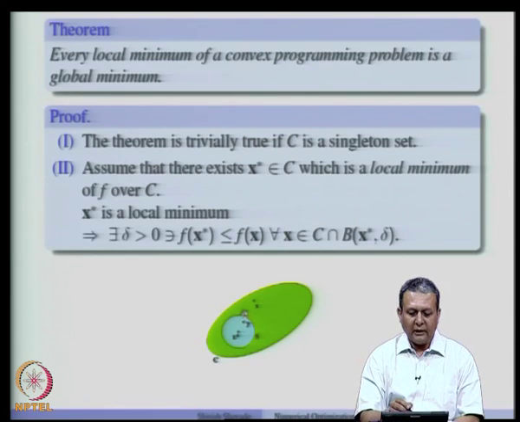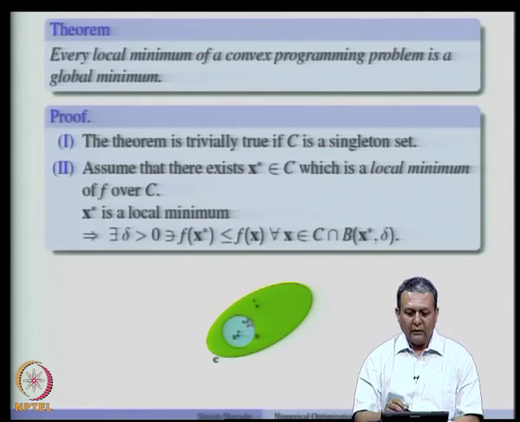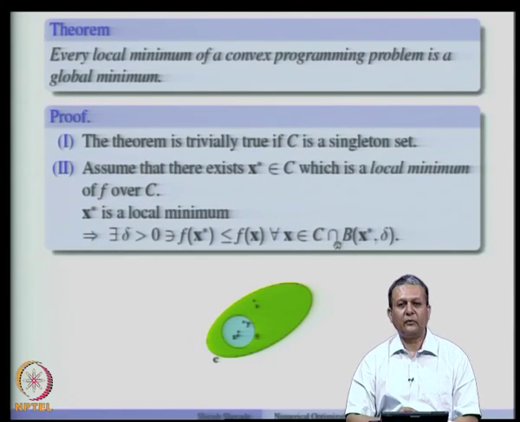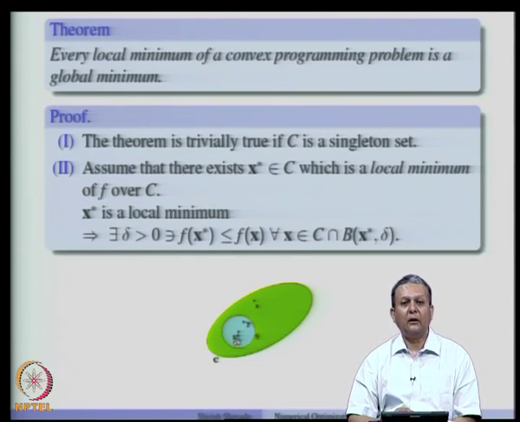So, the delta neighborhood of x star is shown here. Now, let us call this a set S. By the definition of a local minimum, it is true that x star is a local minimum in the delta feasible neighborhood around x star.